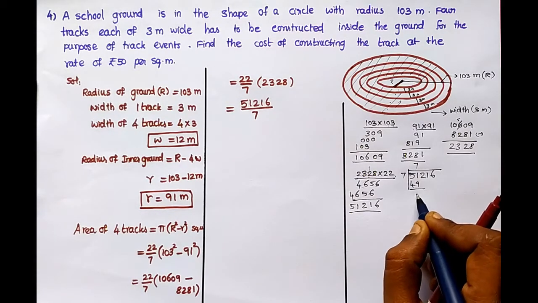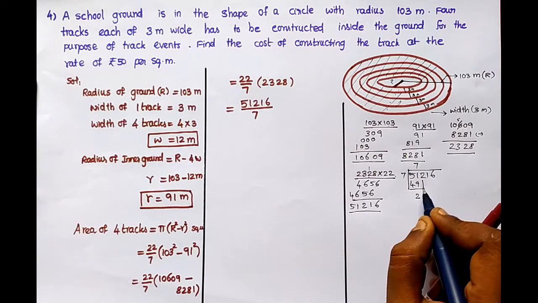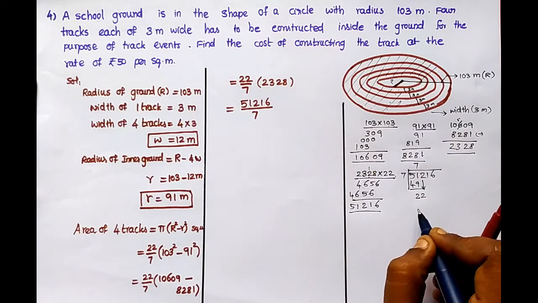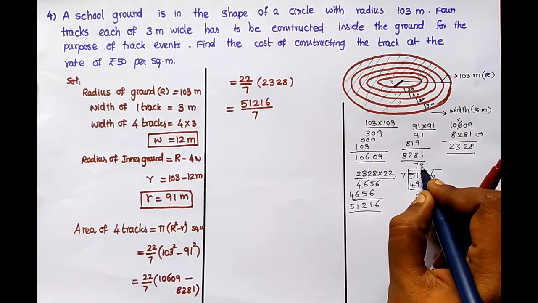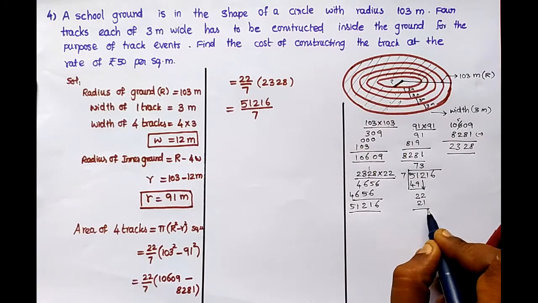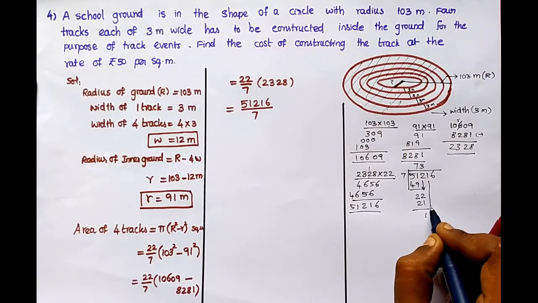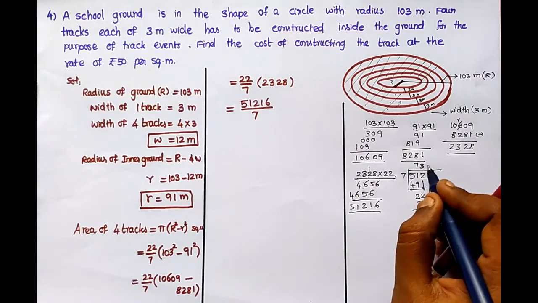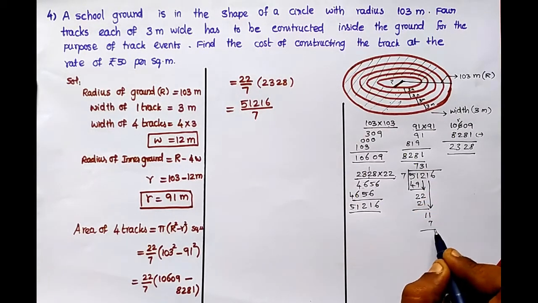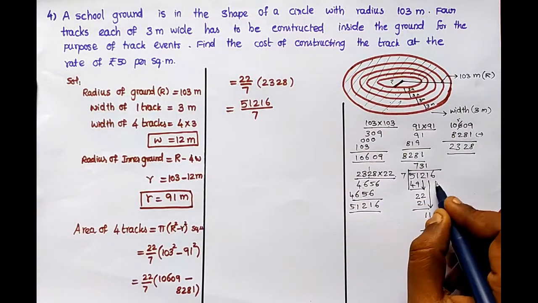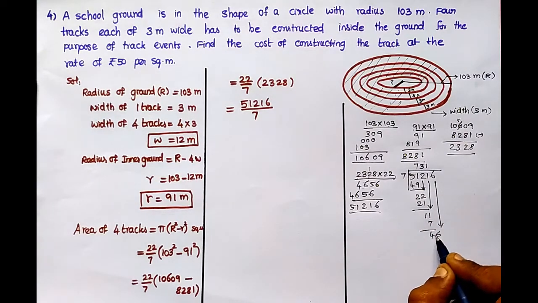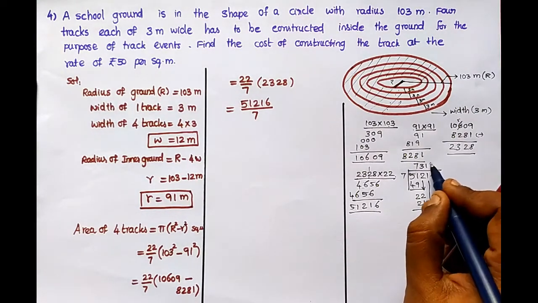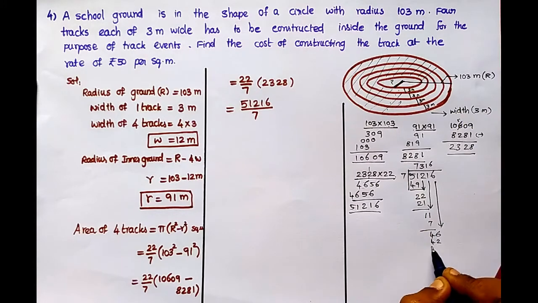Balance 2. Bring down 2, it becomes 22. 3 sevens are 21. Balance 1. Bring down 1, it becomes 11. 1 time. Balance 4. Bring down 6, means 46. Here 6 times 7 is 42. Balance 4.